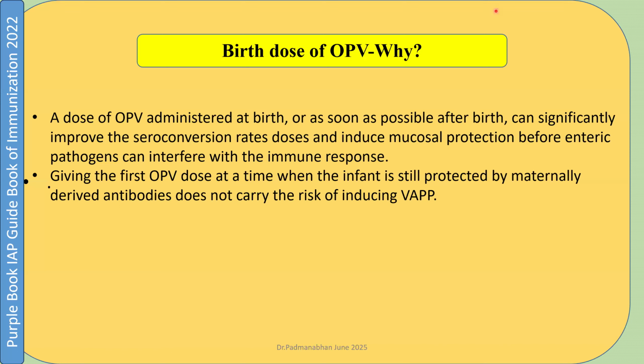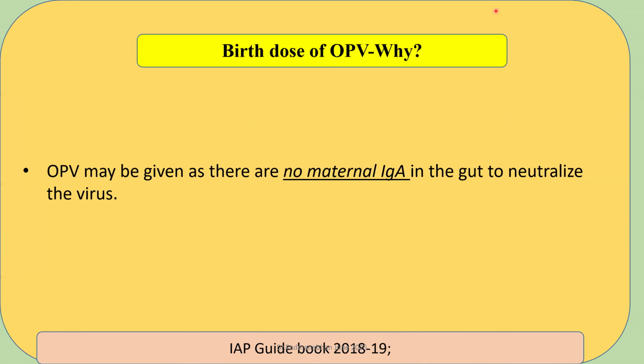Therefore, there are more chances of significantly improved seroconversion rates because there's no competition. It goes into a sterile gut. This is given in the IAP guidebook in 2018. I didn't find it in the 2023 book. There's no maternal IgA in the gut to neutralize the virus.